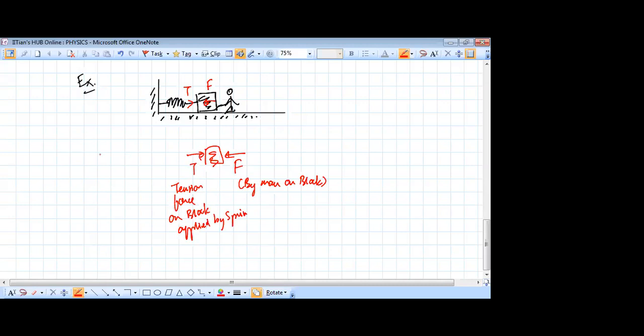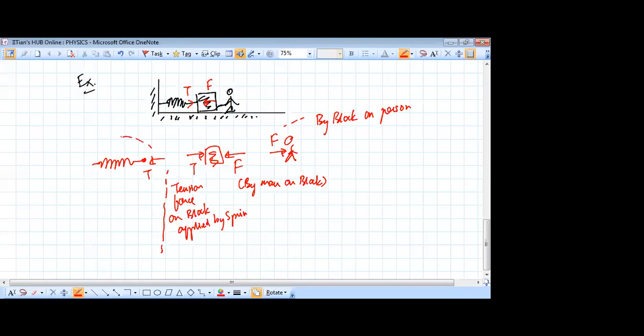Now if you see the spring, that will experience an equal and opposite tension, now like this. The person will experience an equal and opposite force like this. This is now by the block on the person.